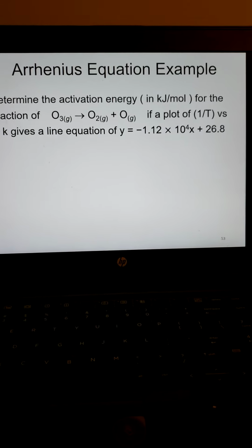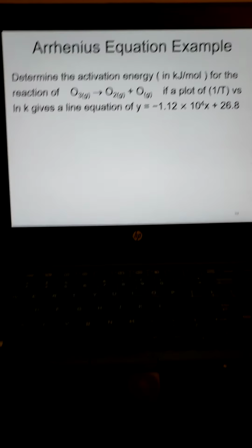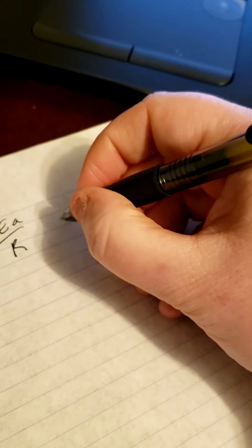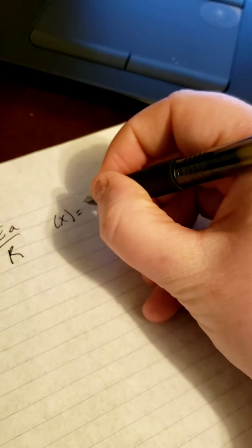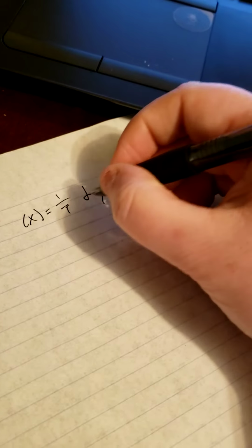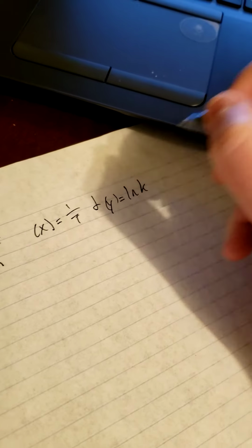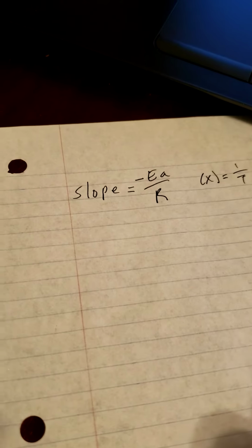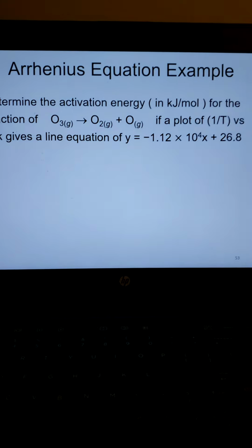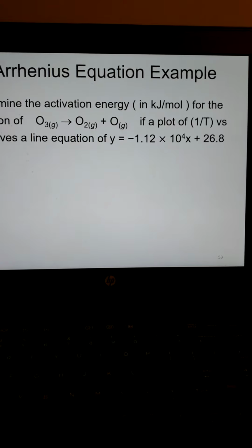Now, I don't know if you remember, but what I said in the last video is that slope is equal to negative EA over R when X is inverse temperature and Y is natural log of K. So if we look at the line equation, we can get the slope, which is negative 1.12 times 10 to the 4th.